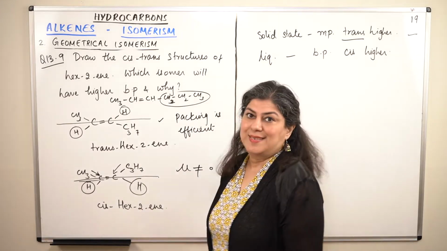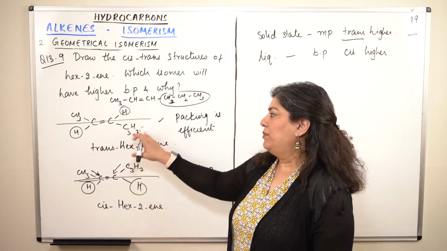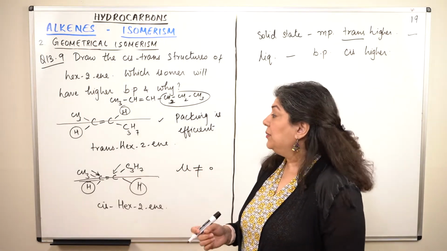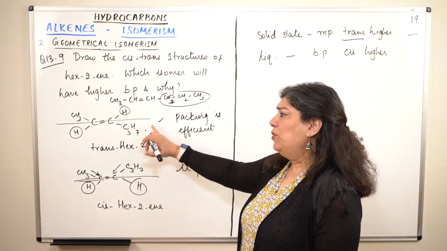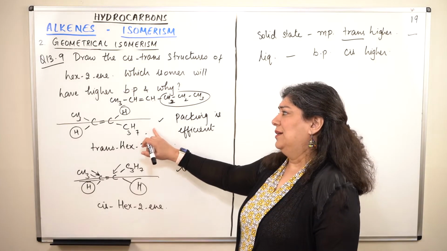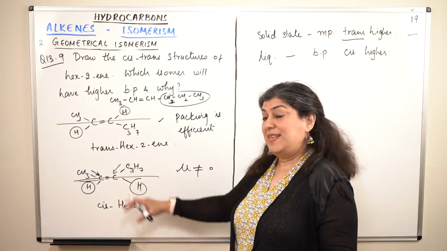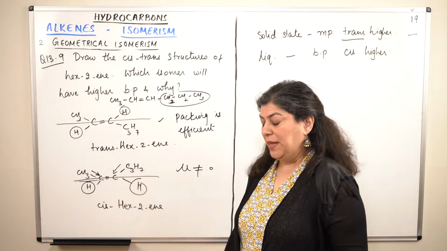The trans isomer will also have a net dipole moment if the two groups are not identical. Yet the dipole moment of the trans isomer in this case will be less, while the dipole moment of the cis isomer will be greater.